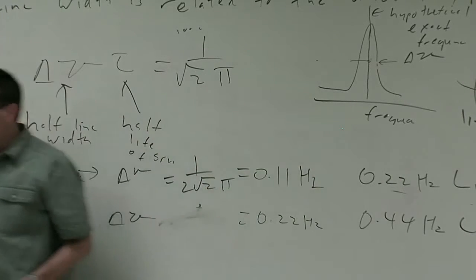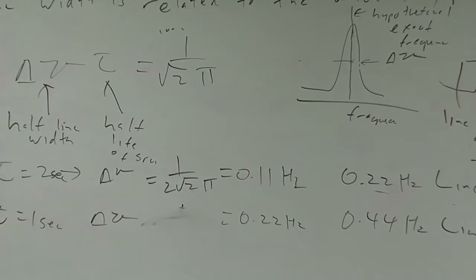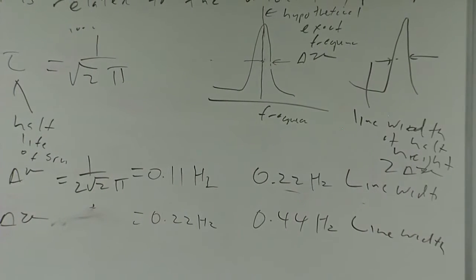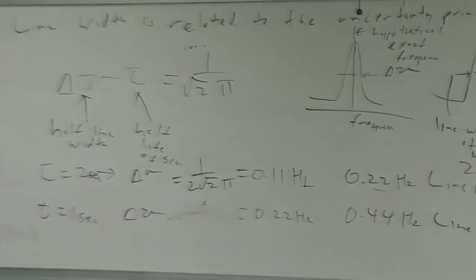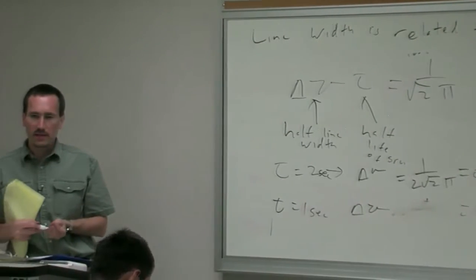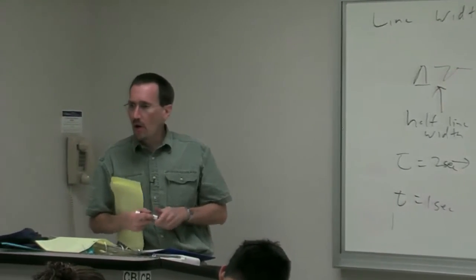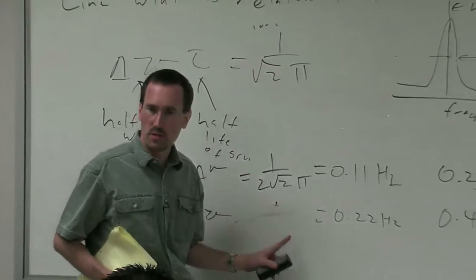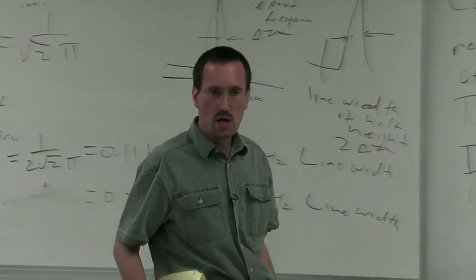Now, the relaxation of protons typically occurs on the order of 1 or 2 seconds. So there is a real theoretical limit to how sharp your peaks can be, because that theoretical limit is going to be determined by their relaxation.